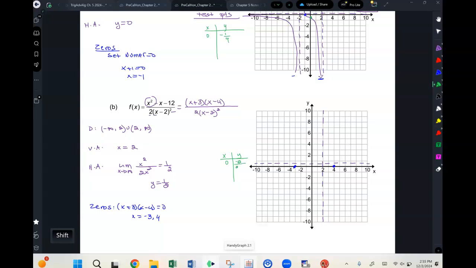Negative 12 over 2 times 4. So how much is that? Negative 3 over 2. Here we go. Okay, so that means on the left-hand side, the graph is going to come over this way, hit, and come off here.